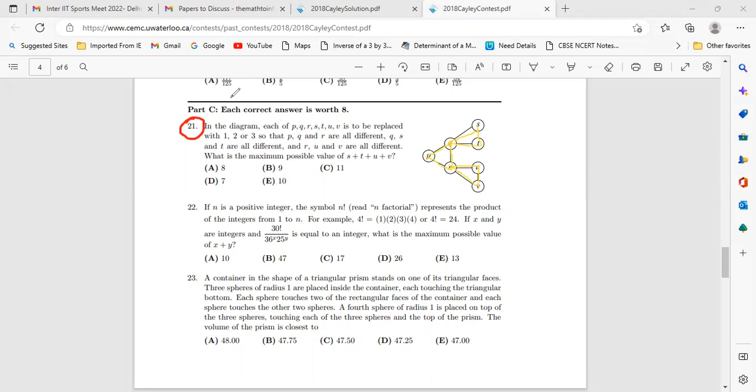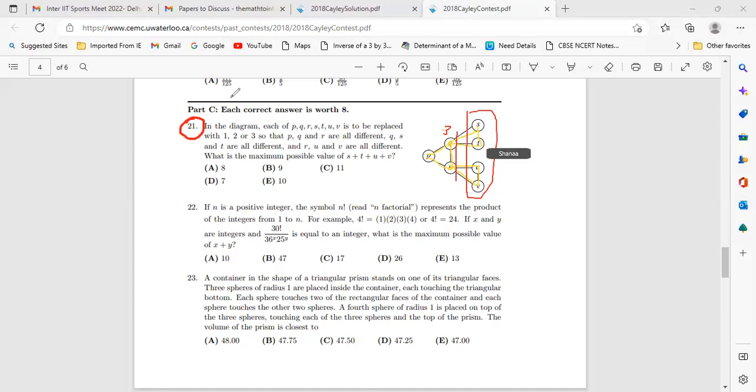If we want the maximum possible value for the sum of the last four, S, T, U, V, then we need to make these two as small as possible, because if this is 3, then these two have to be 2 and 1. So that's not as big as possible.